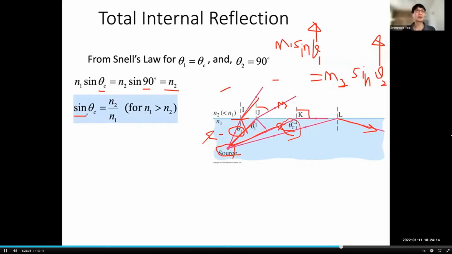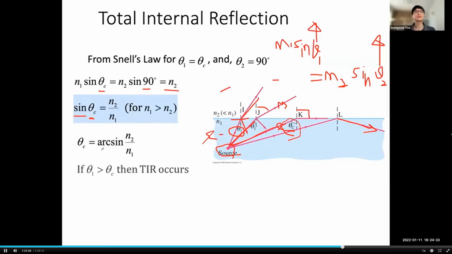In other words, if we are given those two refractive indices, then we can always come up with this critical angle for the total internal reflection. Of course, this angle theta c is going to be arcsine n2 over n1.